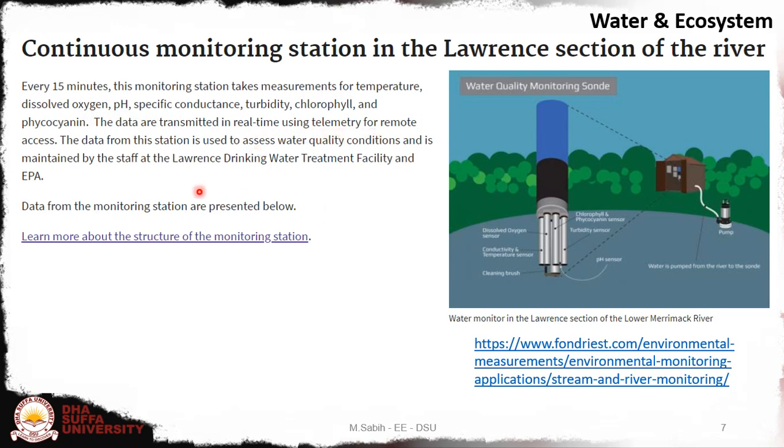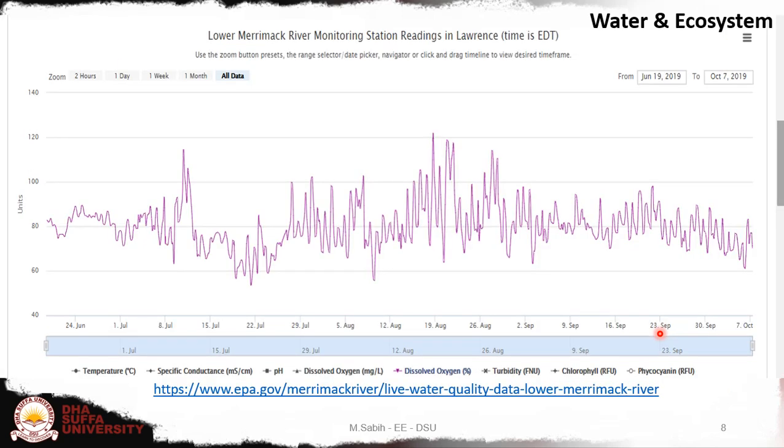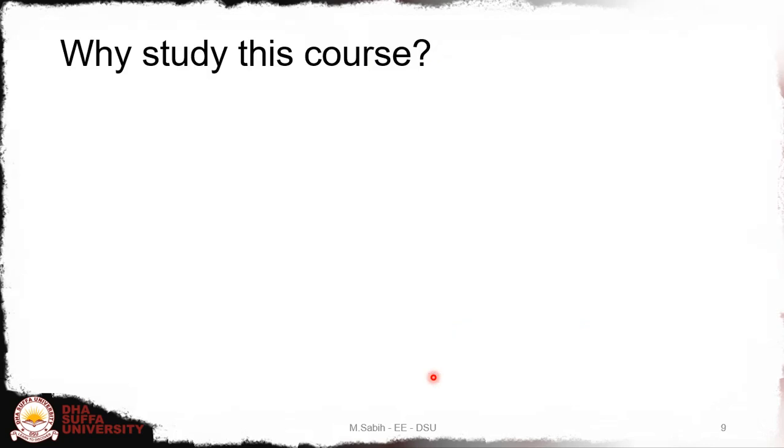By this, the EPA is able to know the conditions of the water, with drinking inlet water monitoring at this station. And this is a snapshot of the real-time data from June 2019 to October 7, 2019. And this is the dissolved oxygen in percentage.